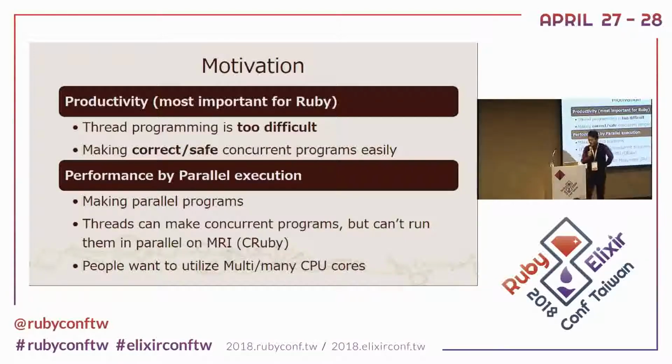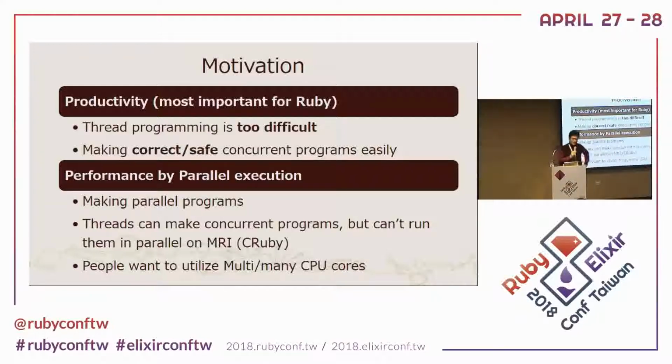For productivity, you may know that making a thread program is very, very difficult, and it is very difficult to debug program problems. So I want to introduce a concurrent abstraction that is easy to write, and also introduce a parallel execution feature to Ruby, so we can utilize many cores or multi-core with Ruby.